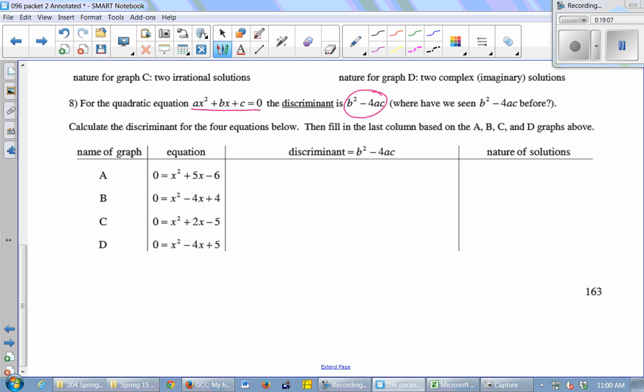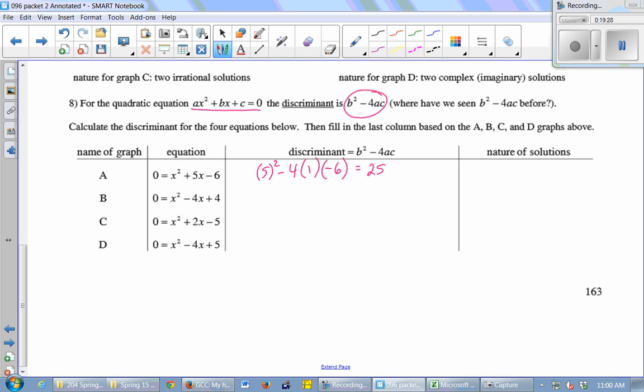B squared minus 4ac. All right, so in this case, what is b? 5. So I'm going to have 5 squared minus 4 times a, which is 1, times c, which is -6. Okay, so that's 25.